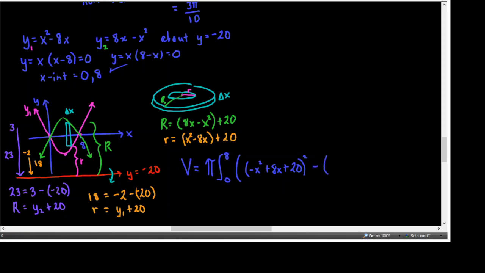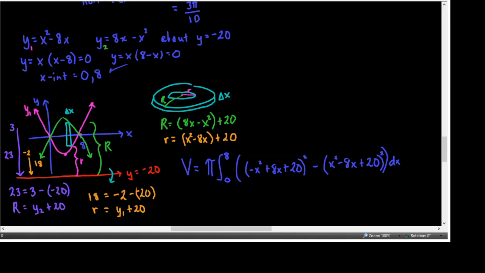So little r is x squared minus 8x plus 20, quantity squared, times dx.